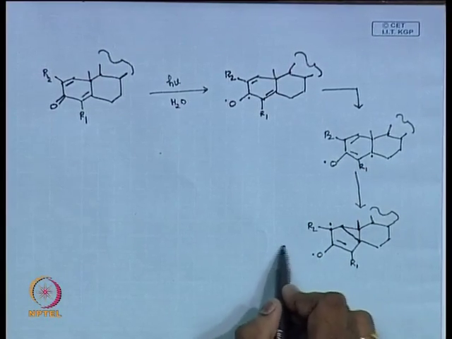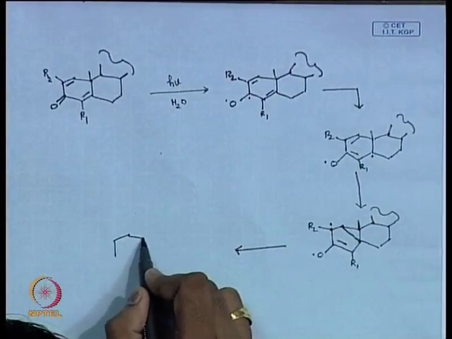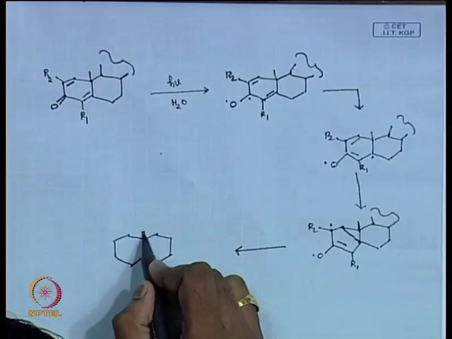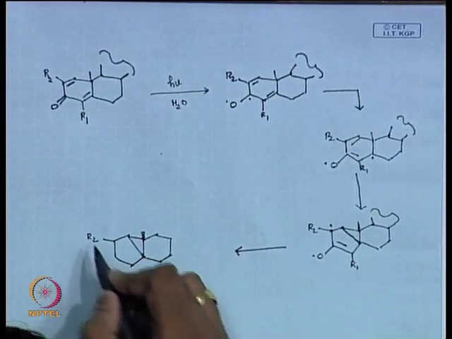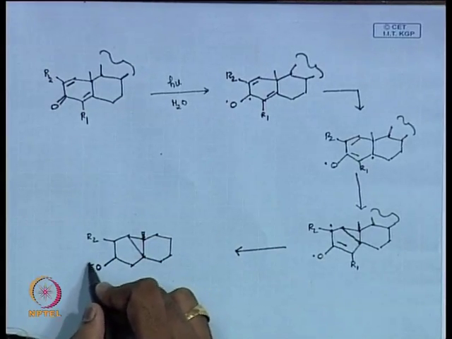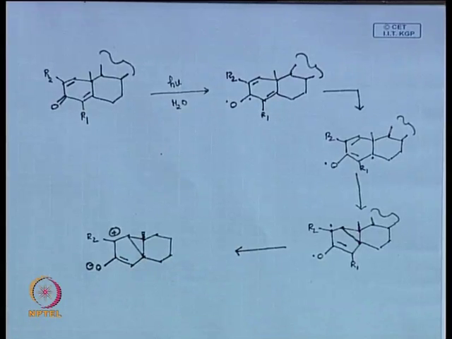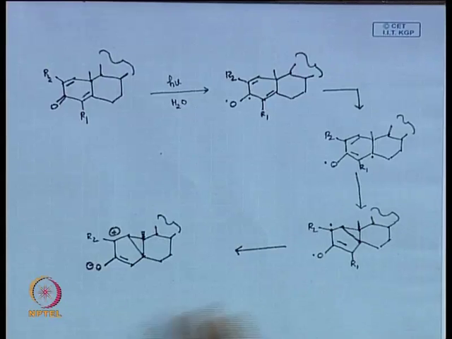Now, what happens? Now, you get your spin orbit coupling. You get a system like this. Yeah, up to this we are fine. Right? Now what happens? Yeah, this is your product.